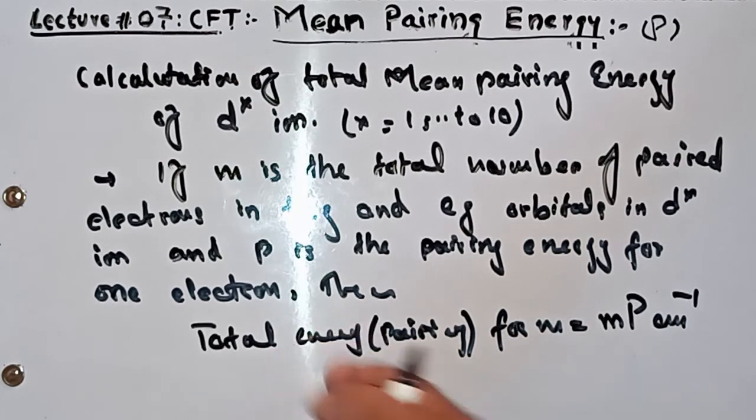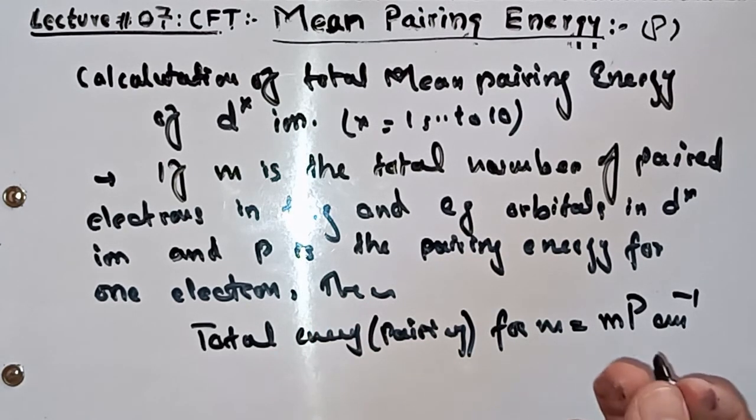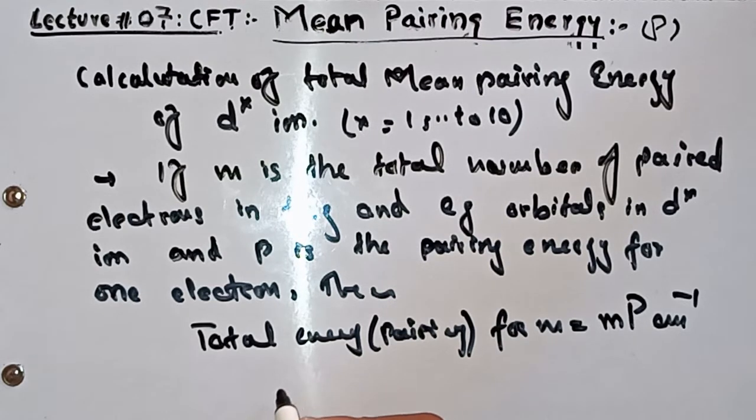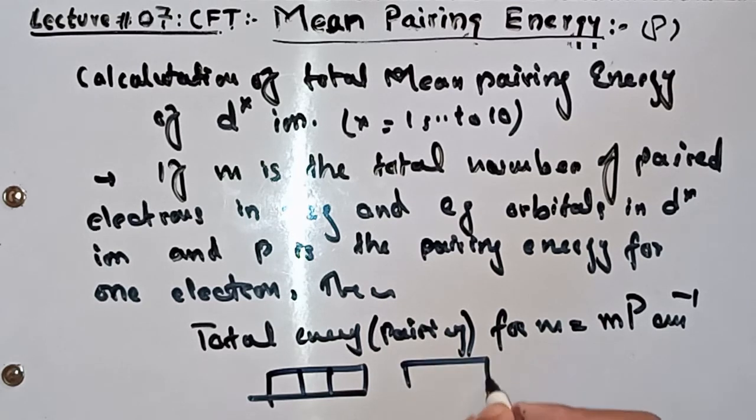If m is the total number of paired electrons, take this system: this is the eg orbital set and this is the t2g orbital set.